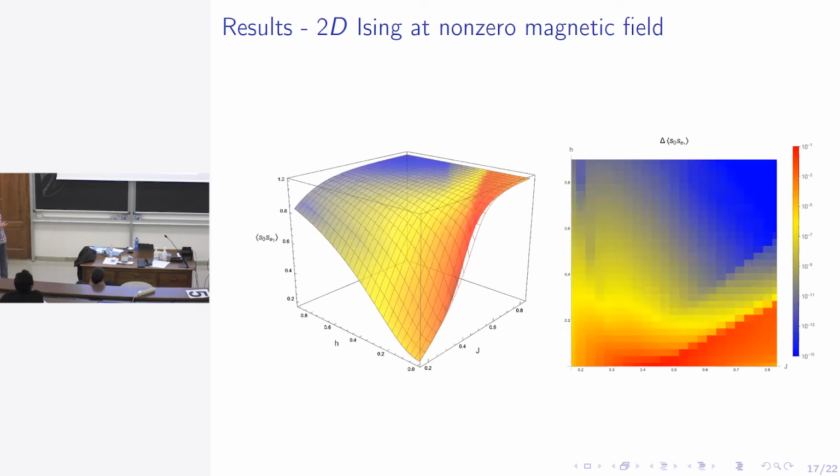Okay, so now if we want to take some positive h, we can plot here. You can see a J-h plot. The height of this thing is the Monte Carlo value for this correlator, and the color just tells us the distance between the mean and max bound.